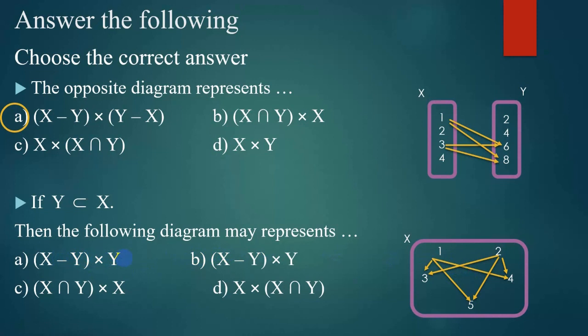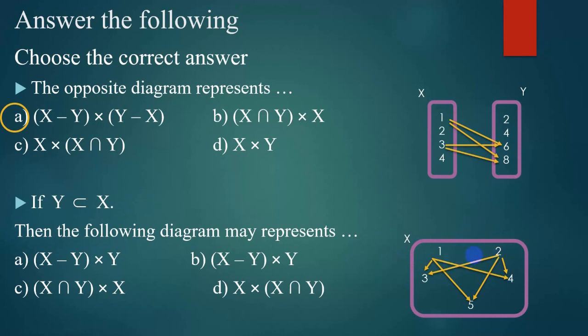Why? Because x difference y are the elements who belong to x and don't belong to y. Okay, don't forget that y is a subset of x. So 1 and 2 are the elements who belong to x but don't belong to y.